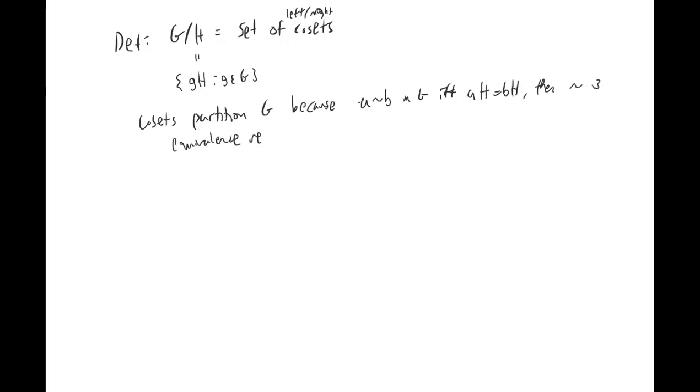I'll let you check that for practice. And once you have an equivalence relation, you partition your whole group. What do I mean by partition? Just to review, either g1H is g2H, or g1H and g2H share nothing in common.